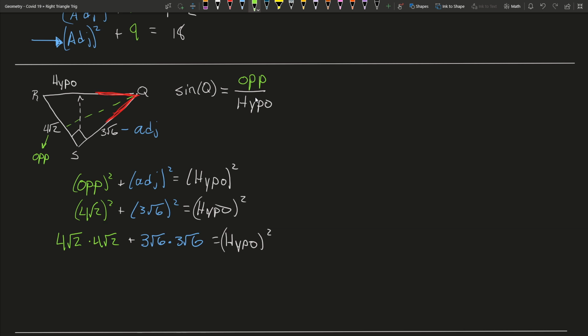So we do 4 times 4, that's 16. And then rad 2 times rad 2 is just 2. 3 rad 6 times 3 rad 6: we multiply the 3's together first, that gets 9. And then rad 6 times rad 6 is just 6.